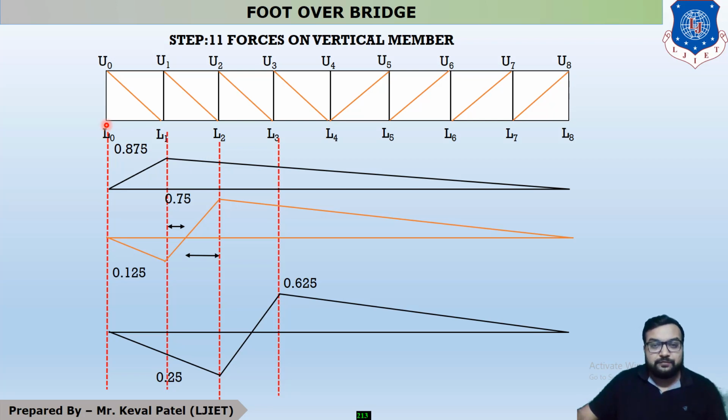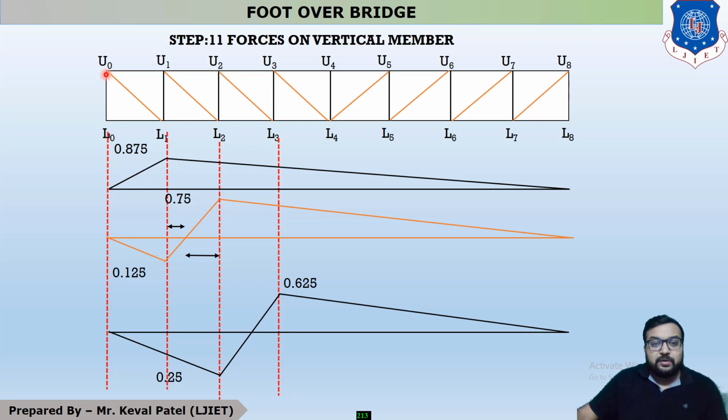Our first member's influence line diagram is for U0L0. Whenever you have to remember the forces on the vertical member, remember U0 and U1. What is the opposite of U0U1? It is U1L1.